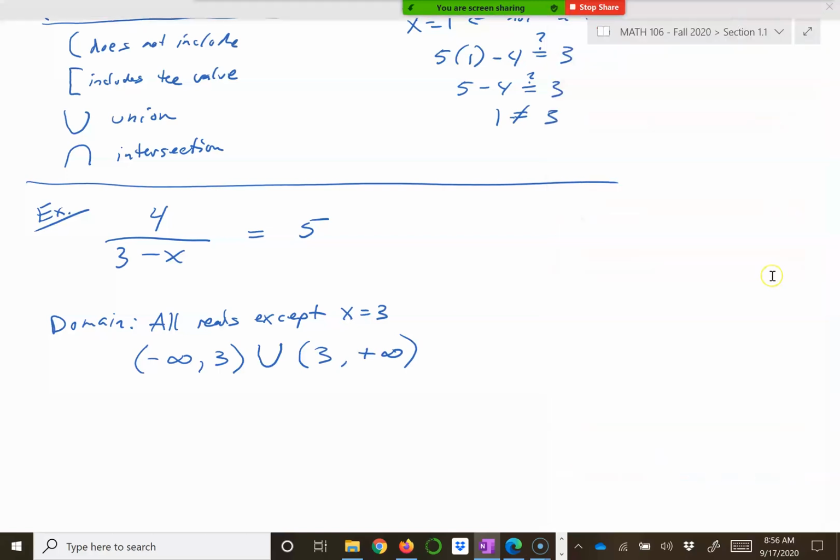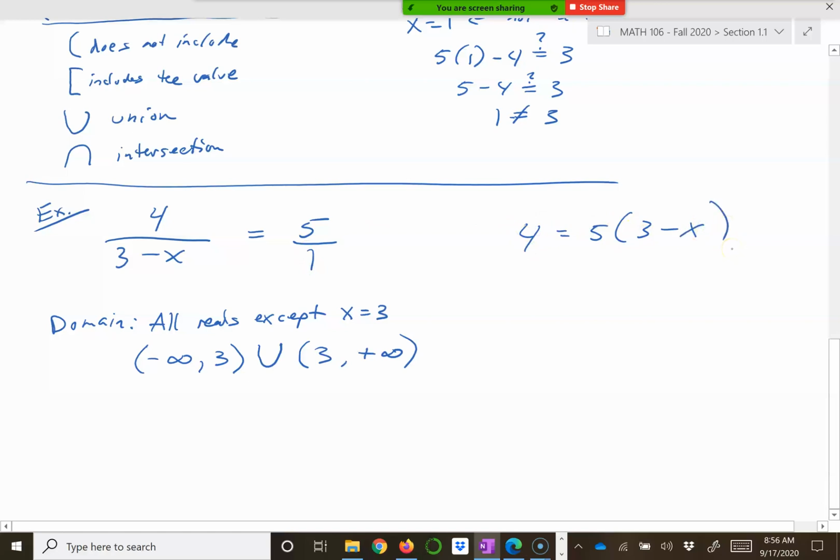So we're going to cross multiply. Really this 5 over here is 5 over 1. So we'll cross multiply and we'll get 4 times 1, so 4, and then 5 times 3 minus x. So now it becomes a pretty simple problem. I'm going to distribute that 5, so we're going to have 15 minus 5x.